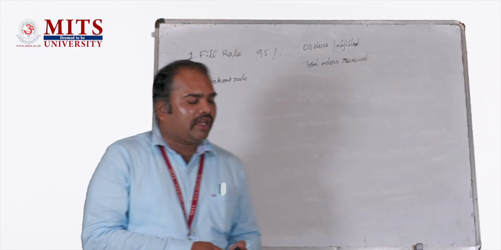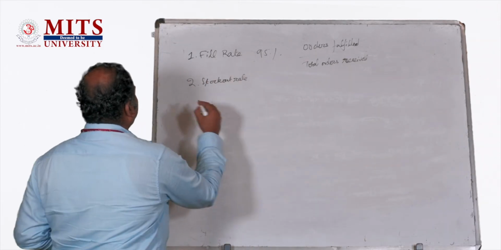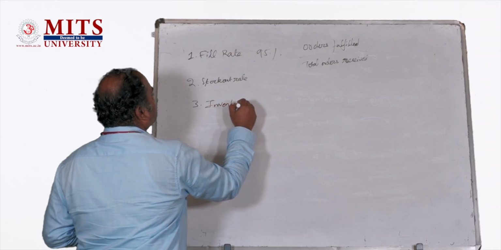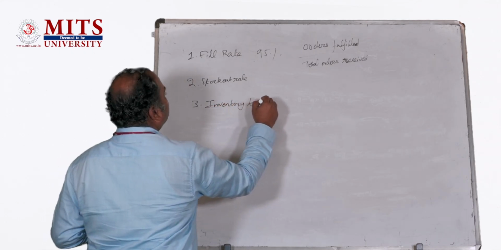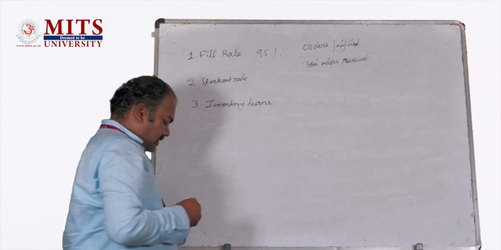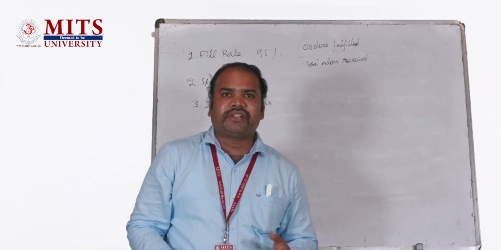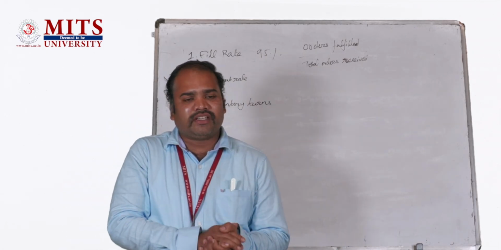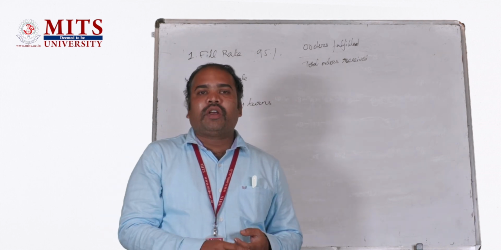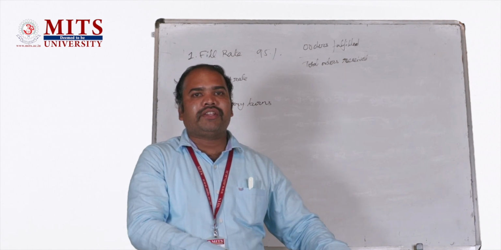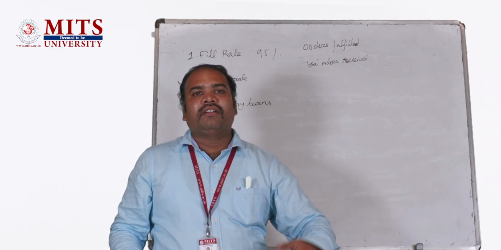Okay, the next one pertaining to inventory metrics is inventory turns. For example, if you have 100 units of products in your inventory, in your storage capacity, how many times are you able to completely sell those stocks from your storage and restock it? That is inventory turns.